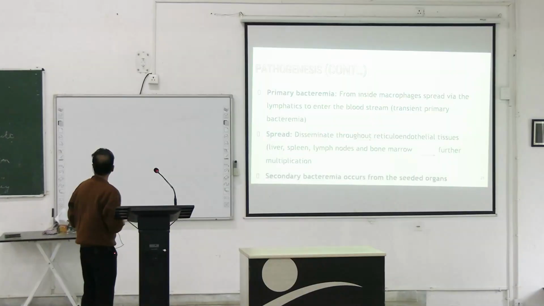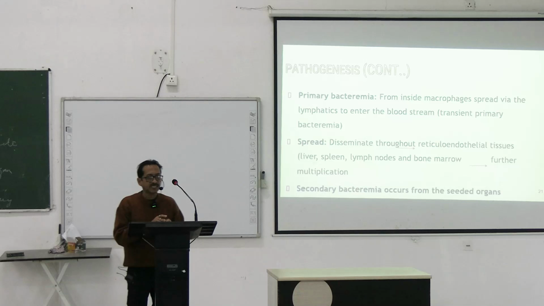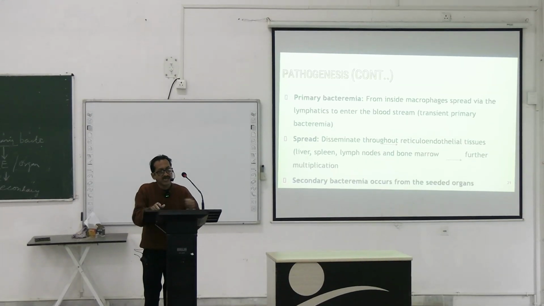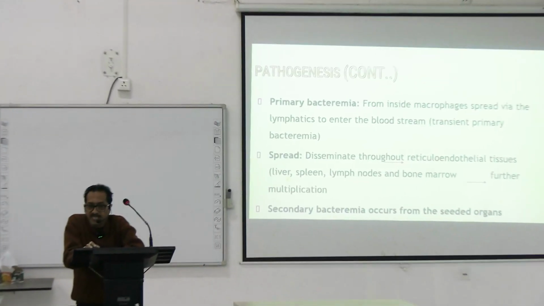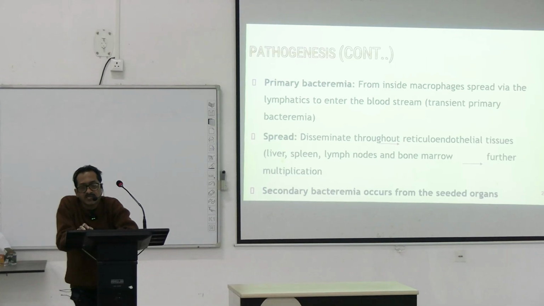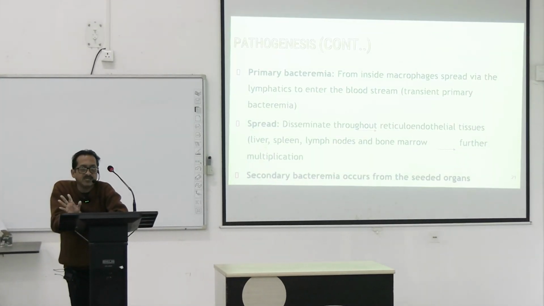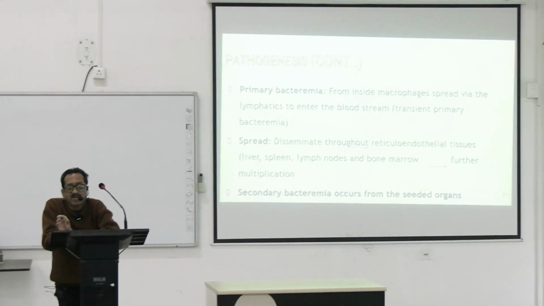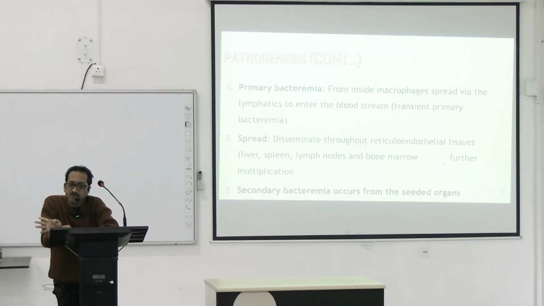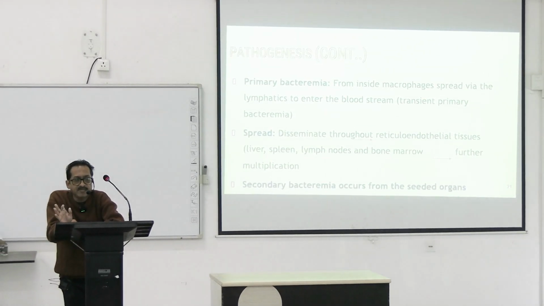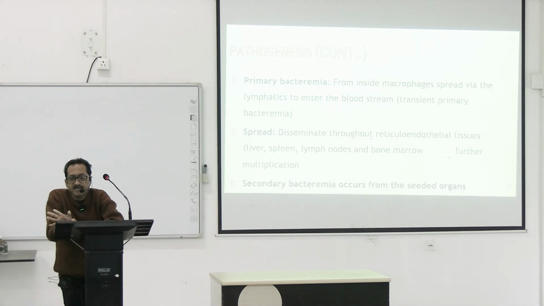So, the first part, pathogenesis: fecal-oral route, entering the intestine through the M cell, then bacterial endocytosis occurs, it enters the macrophage, with first multiplication occurring in the macrophage, and spreading through lymphatics to blood, leading to primary bacteremia.